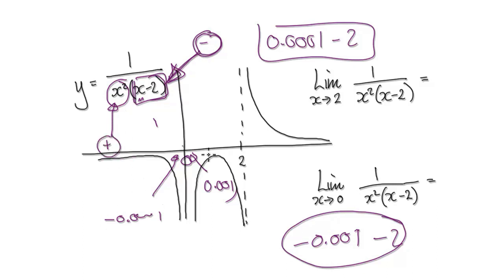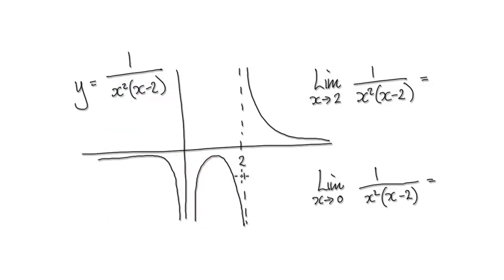So around this region, to the right and to the left, this thing will always be negative. This thing here will always be positive. So therefore, you know it's going to shoot down in both directions, because you've got one negative here. So that's one way you can tell, by analyzing it like that. Okay, so anyway, think about it. That's one way you can tell if one shoots up or both shoot up or whatever.